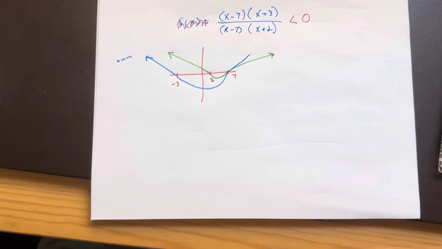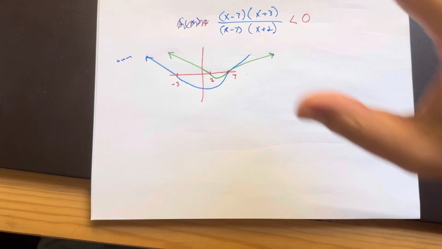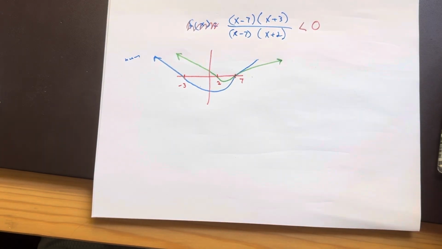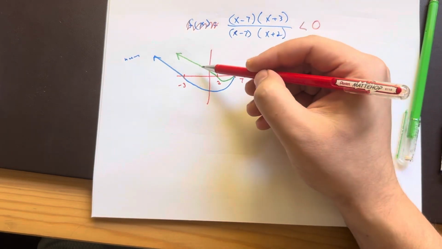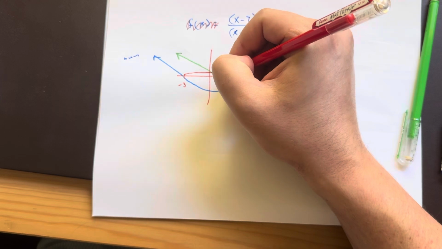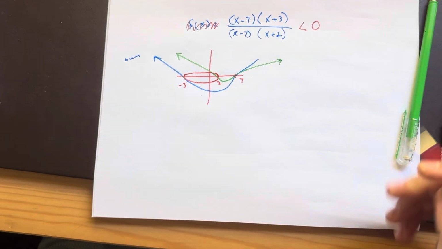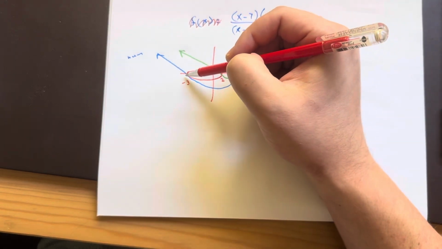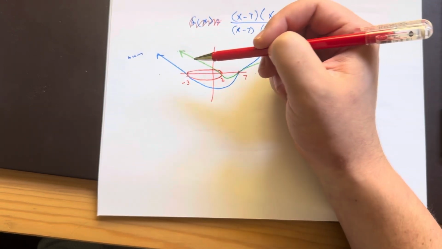Right now, I'm trying to figure out where is my whole fraction below 0? You are below 0 if your graphs are on opposite sides, like they are in between -3 and +2. To the left of -3, these are both positive.